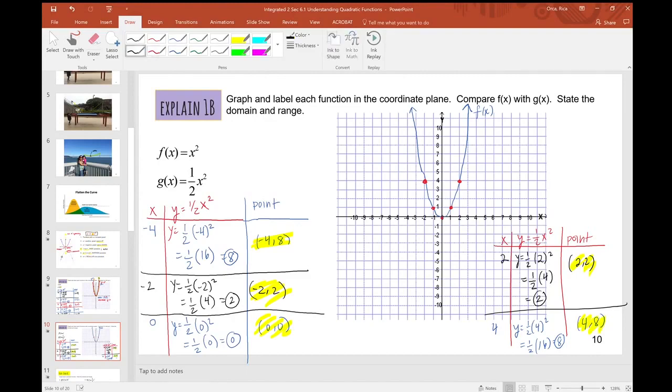-4, 8. -2, 2. 0, 0. 2, 2. 4, 8. Draw the curve.